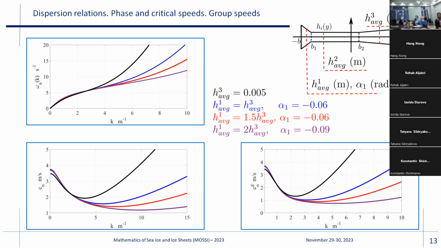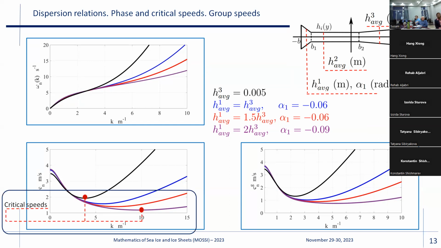And we can say that considering ice with variable thickness for this shape leads to reducing of values of all these wave characteristics.